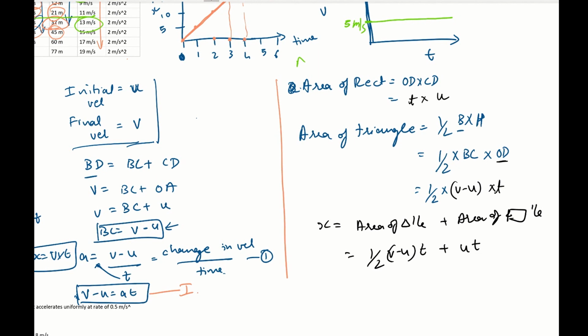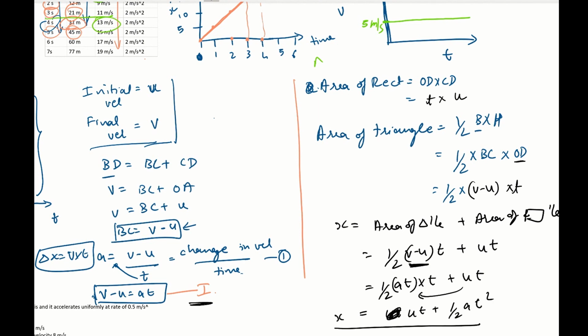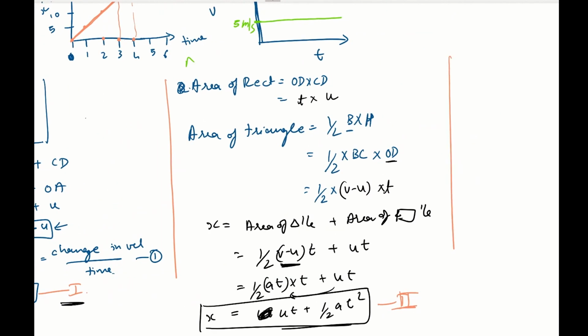V minus U, as we already derived before, is AT, so you get half AT times T plus UT. Rearranging these terms, bringing UT before, you get UT plus half AT squared. So position is UT plus half AT squared, and this is your second kinematics equation.